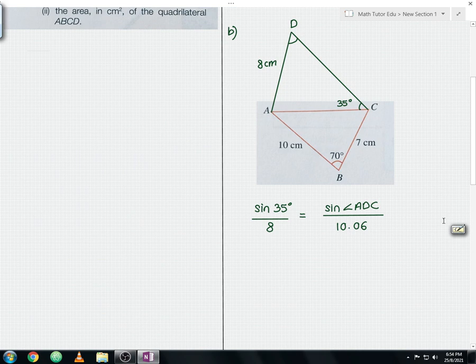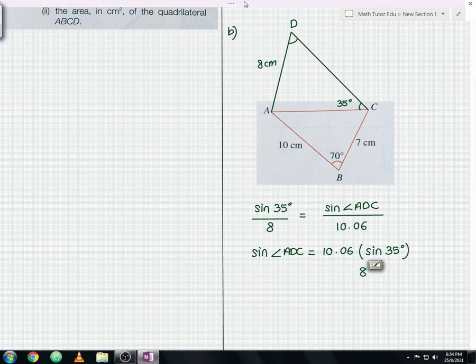So from here, the next step will be finding the sine angle ADC. In order to find the sine angle ADC, this 10.06, we're going to times with sine 35 degree and you're going to divide with 8. So that will be our next working. So from here, sine angle ADC will be equals to 10.06 times with sine 35 degree, and you divide with 8.